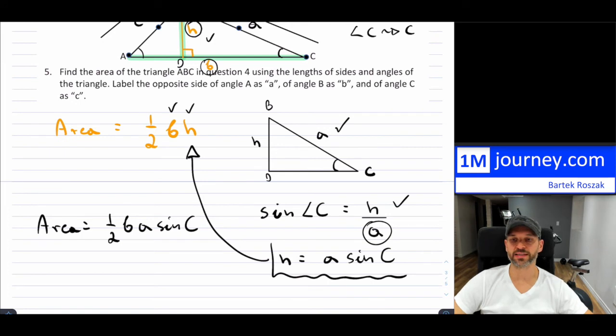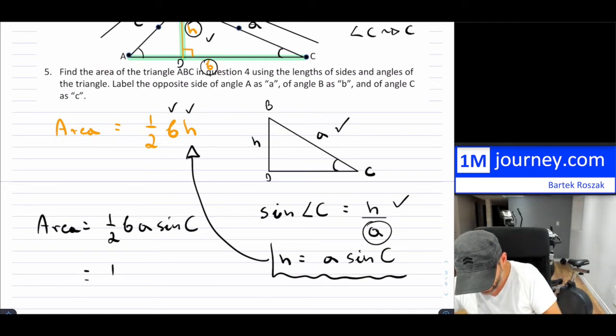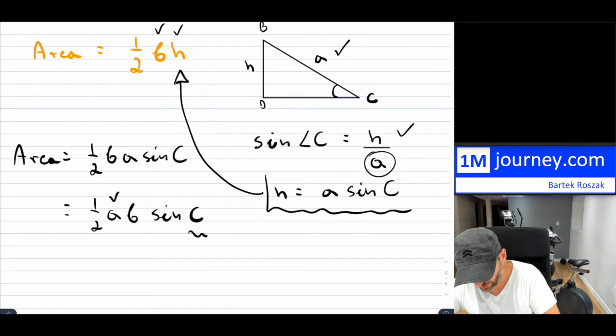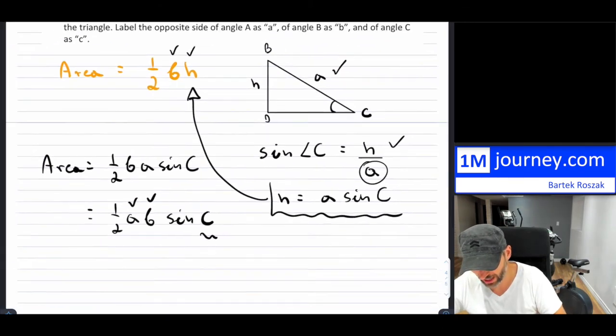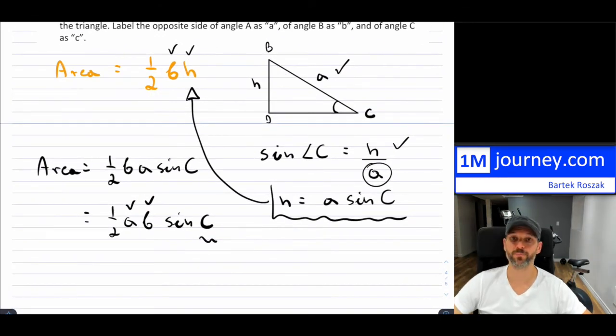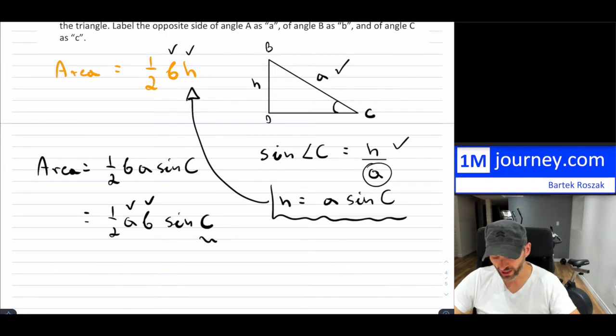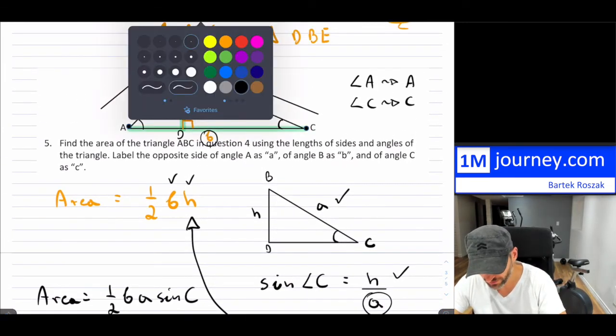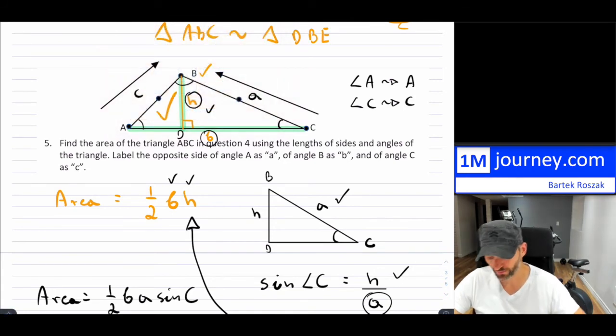And that would have been the area written out in terms of the lengths of the sides and then the angles. Now I only need one of them, so I can write this out as 1/2 A times B times sine of C. So if I know that angle right here, and I know these two sides, I can find the area of that triangle, which is great. You can also write the area if you have chosen this right there.